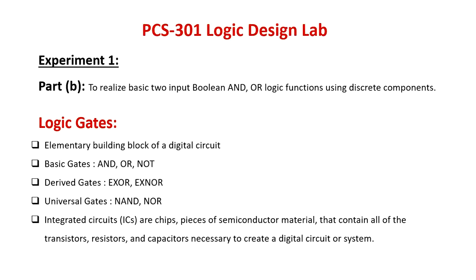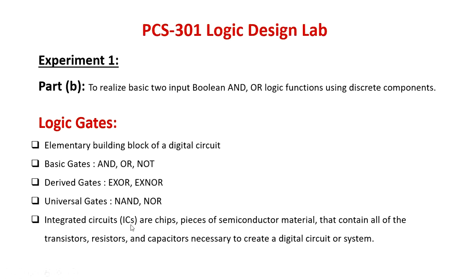This we have already discussed: logic gates, the elementary building blocks of digital circuits, three types of basic gates, AND, OR, NOT, derived gates, XOR, XNOR, and universal gates, NAND and NOR. Now we used ICs of these gates in part 1.